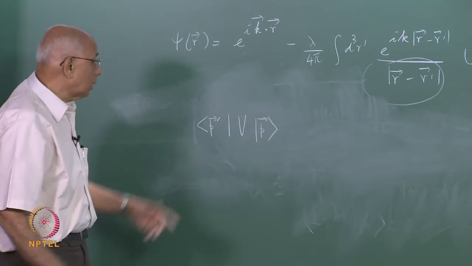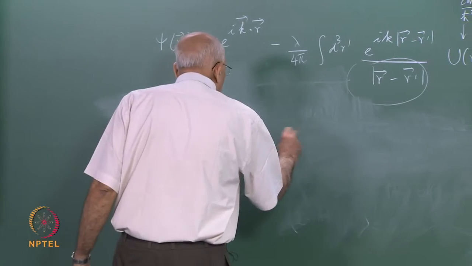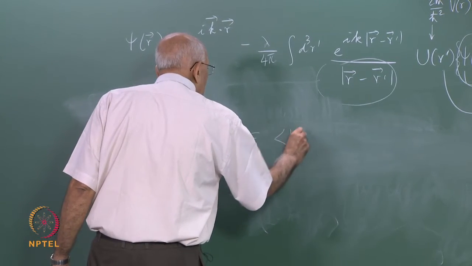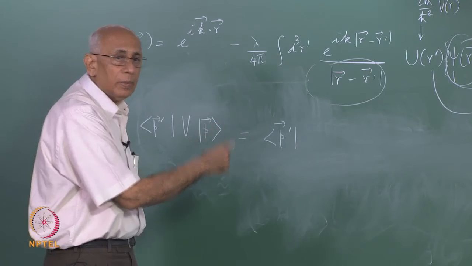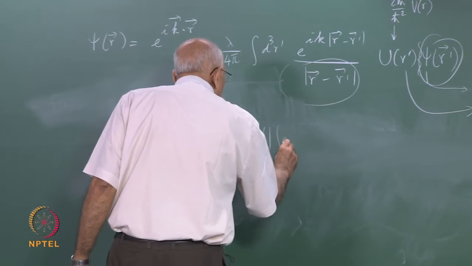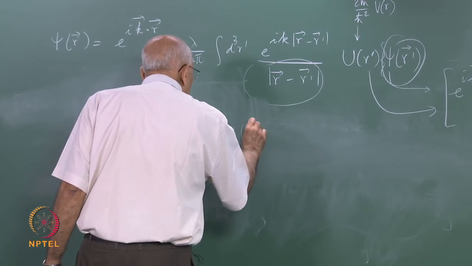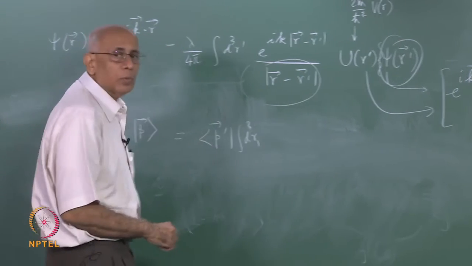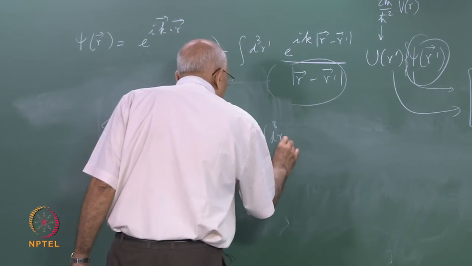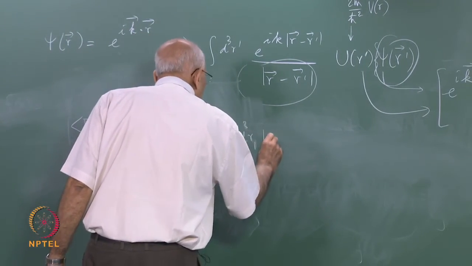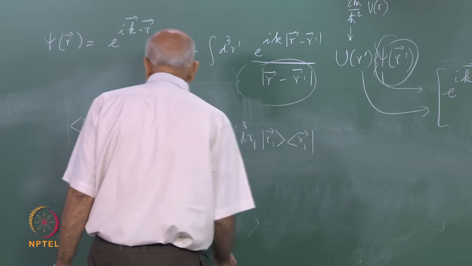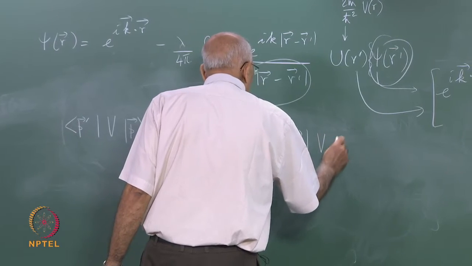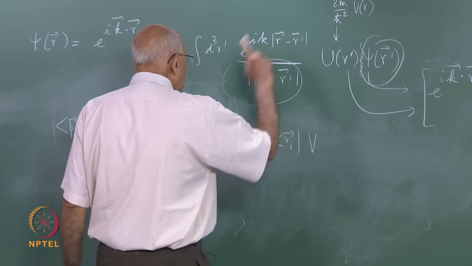Now what is this quantity equal to? Let us try to write this out. This is equal to p prime, and then I insert a complete set of states in between. So let us insert d3 r1, let us put r1 just so because I need a large number of indices, r1, and then there is a V, and let us insert another complete set of states.